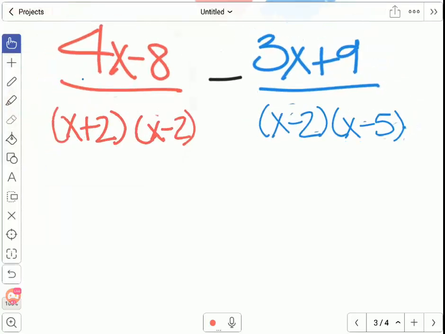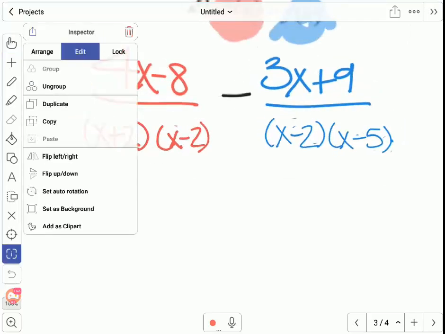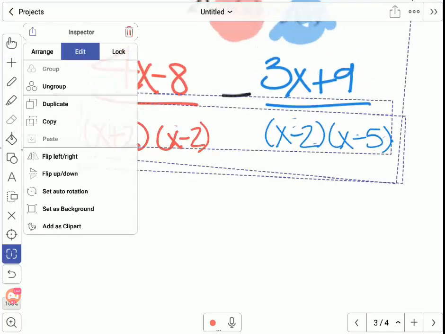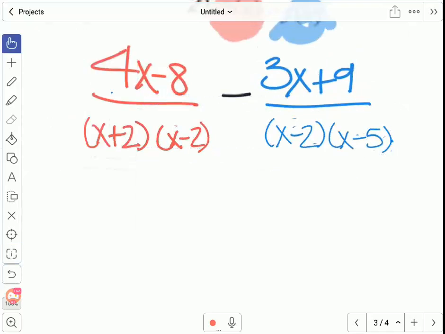So I need to get common denominators. I've got to figure out what it's going to take to make my two denominators equal, I guess would be a better word. And here's something I've been noticing as I was grading and something y'all were doing that was very interesting to me.